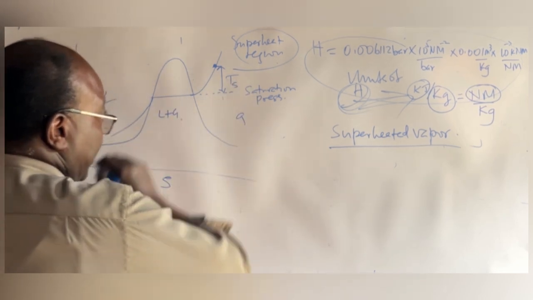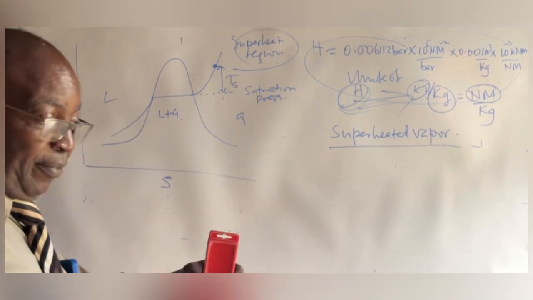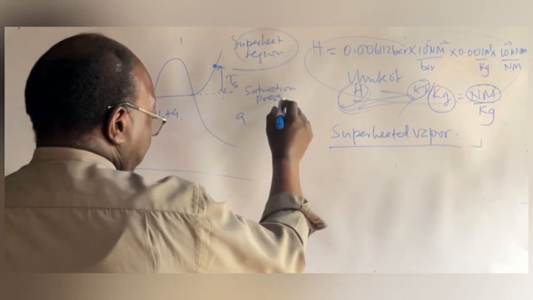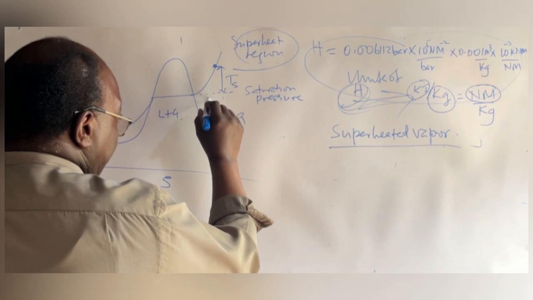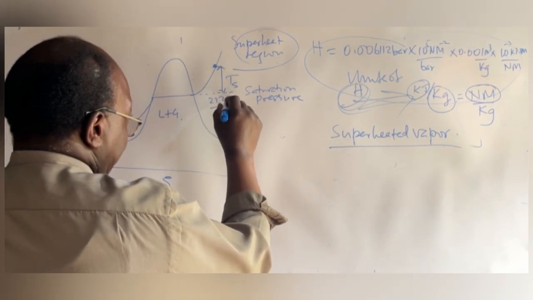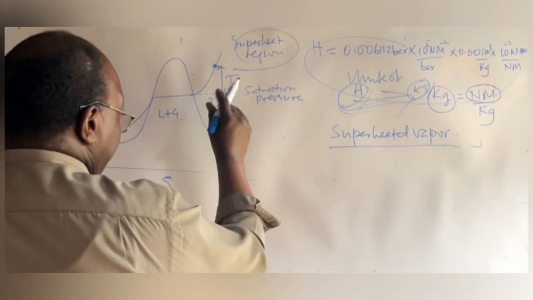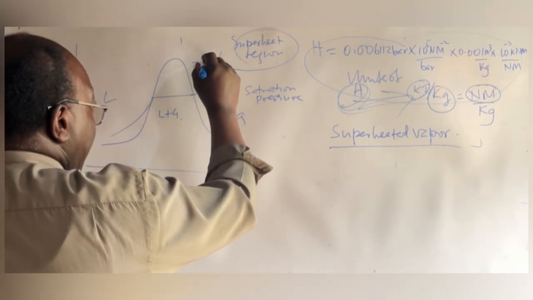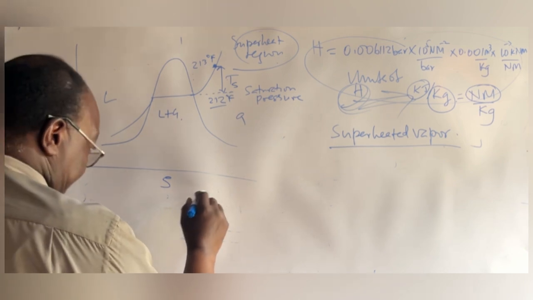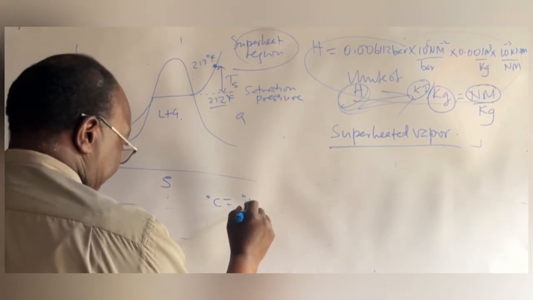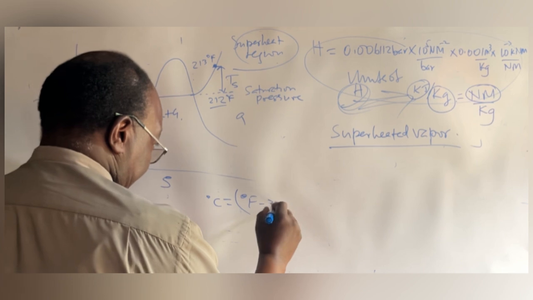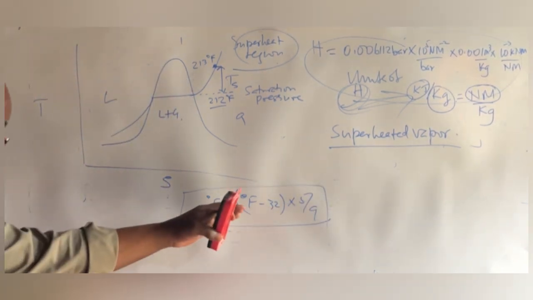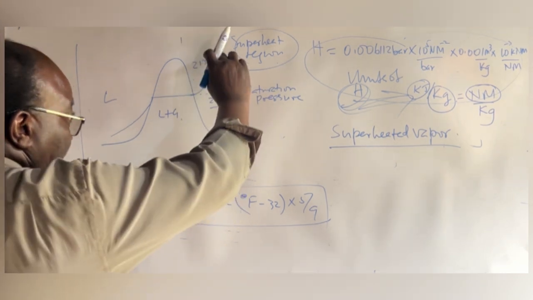Let's call the saturation temperature TS. Suppose we are talking of saturated steam vapor at a temperature of 212 degrees Fahrenheit, the normal boiling point, and now it is at 213 degrees Fahrenheit. Remember, to convert Fahrenheit to Celsius, you subtract 32 and multiply by 5/9.